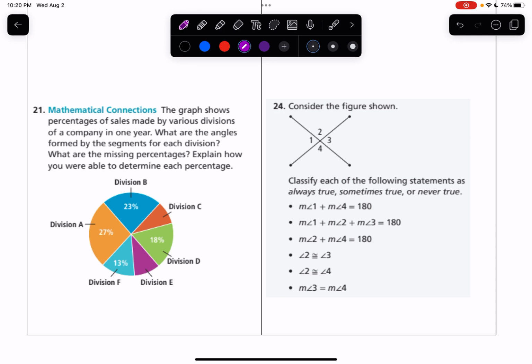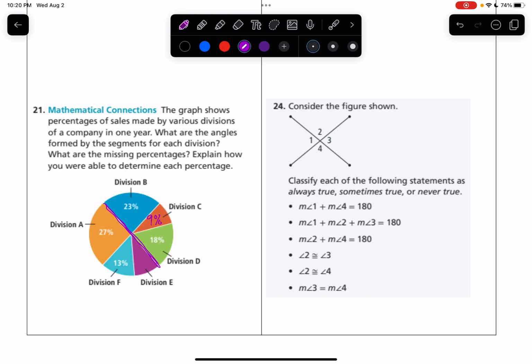That'd be the whole thing. And if the pie chart has 100%, then half the pie chart would be 50% of the pie chart. So if over here, this side is 50% of the pie chart, and I have 23% here and 18% here, then I can do 50% minus 23% minus 18%, and I find that this division C area is 9% of the total.